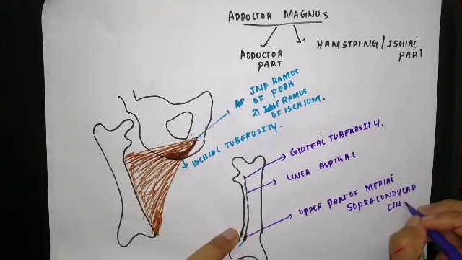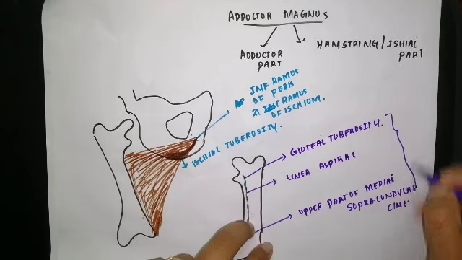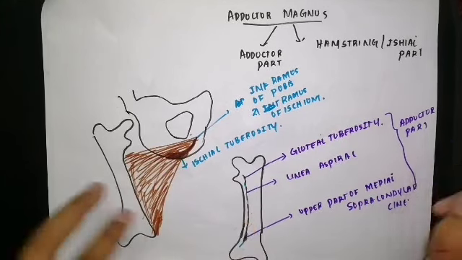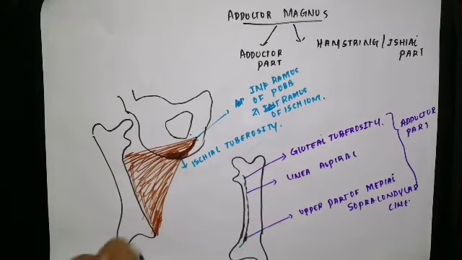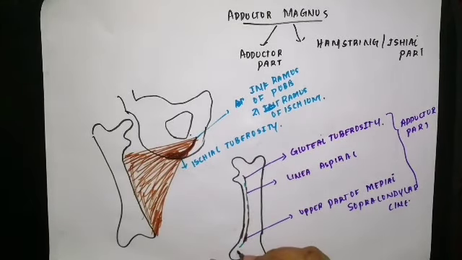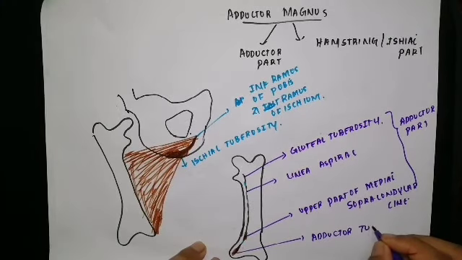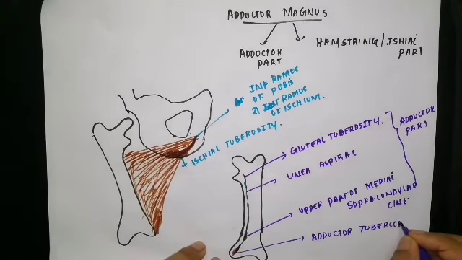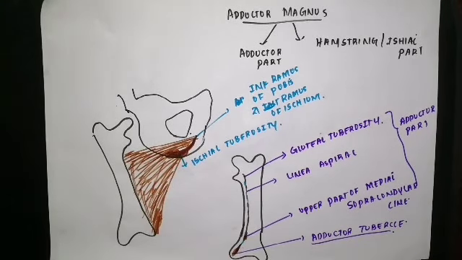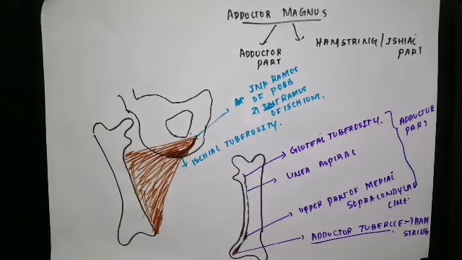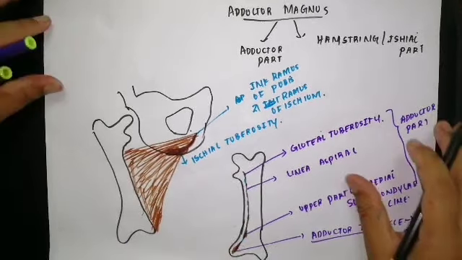So that's about the attachment of the adductor part. Now the hamstring part, which originates from the ischial tuberosity, gets attached to the adductor tubercle. That's the hamstring part. Now this is also a hybrid muscle; it has got dual nerve supply.